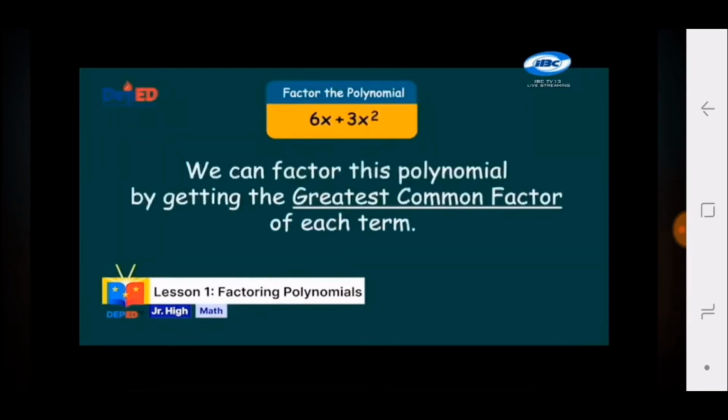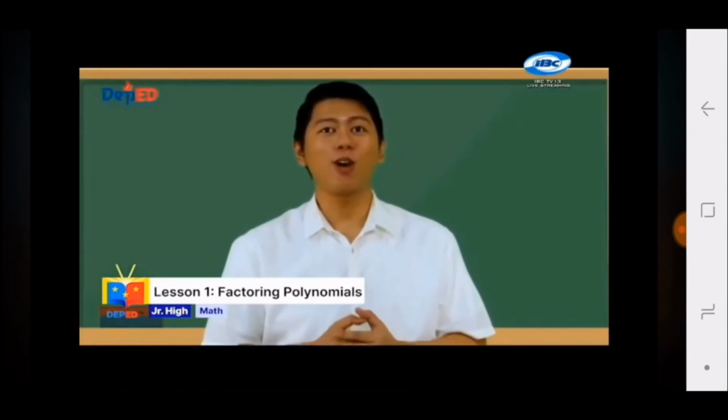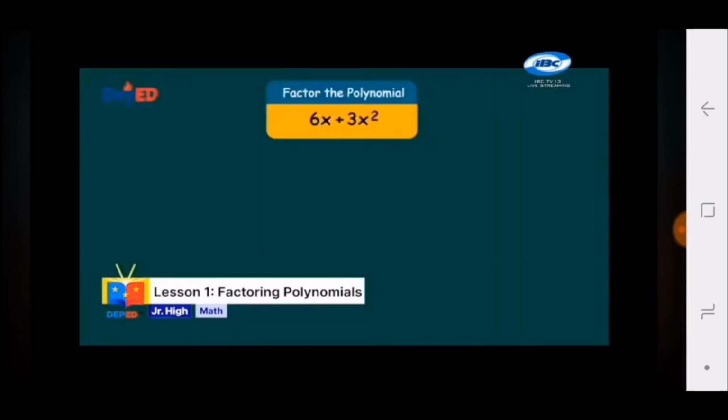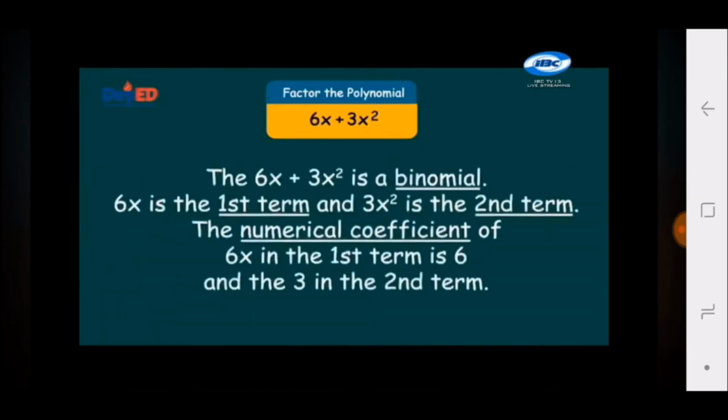We can factor this polynomial by getting the greatest common factor of each term. And I will introduce a new method to acquire the common factors. We can divide the solution into two parts. One for identifying the greatest common factor of the polynomial, and then finding the other factor with the help of the identified expression.